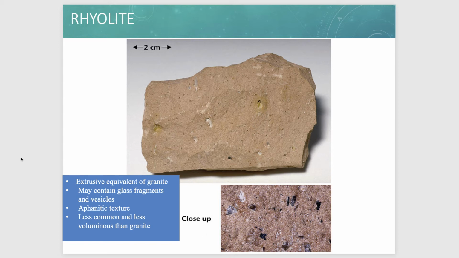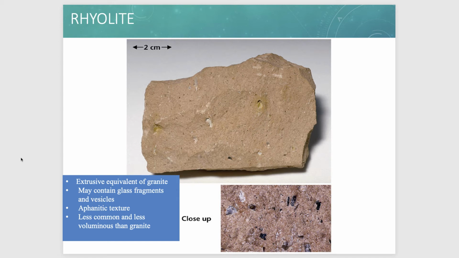Okay, so remember, the rhyolite is an extrusive equivalent of granite. It can contain glass fragments as well, so these fragments are not necessarily quartz. Most likely they will be amorphous silica.